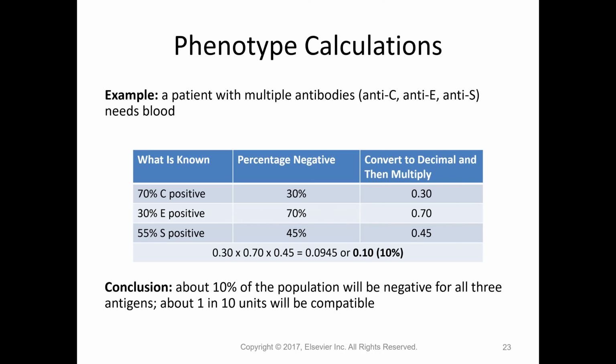Does that make sense why this is done? So what if they ask you a question like, how many units are you going to need? I think just don't get the units confused. About 1 in 10 units will be compatible.